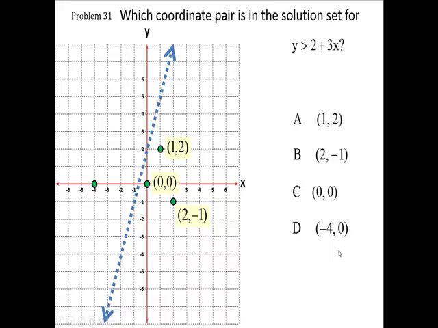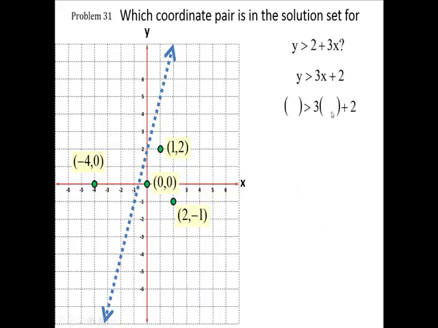Now, let's test out 2 points here. Let's test out the point 0, 0, where x is 0 and y is 0. If I substitute 0, 0 in here, do I get a true statement? So we took our inequality, and we substitute 0 for x and 0 for y, and see if we get a true statement.